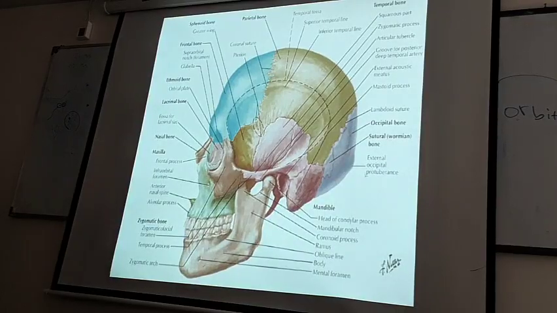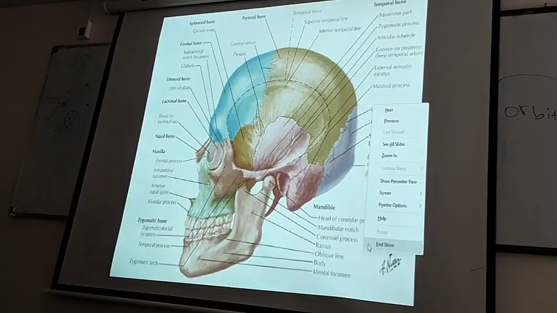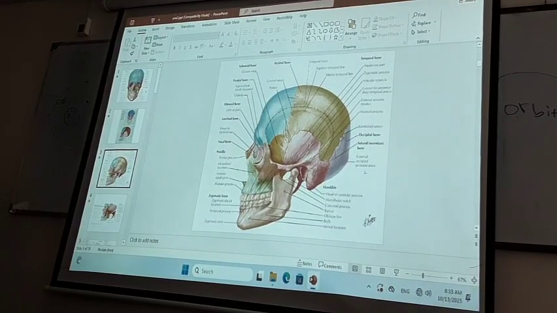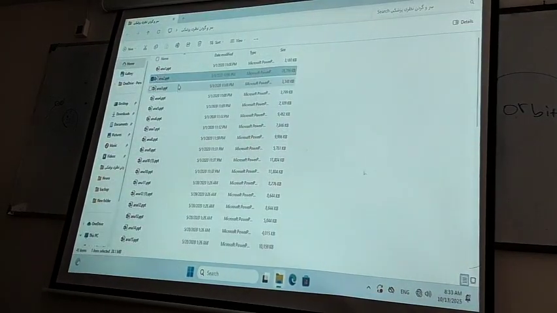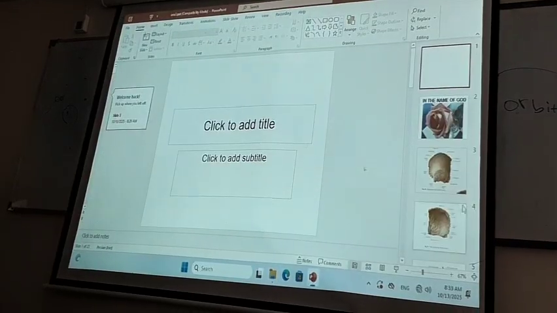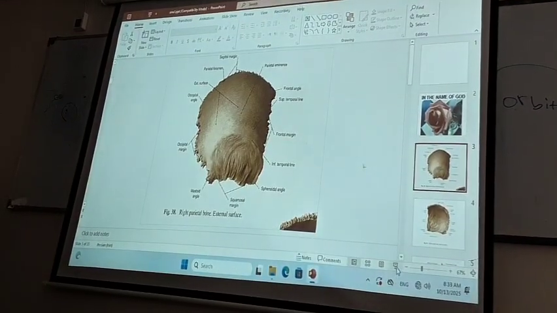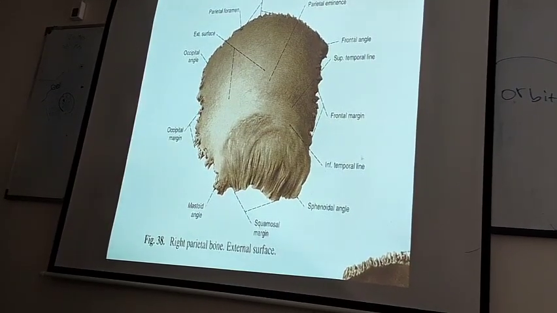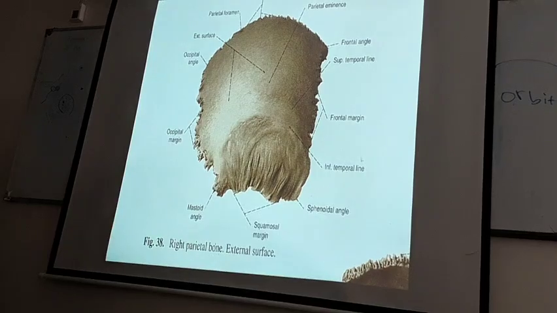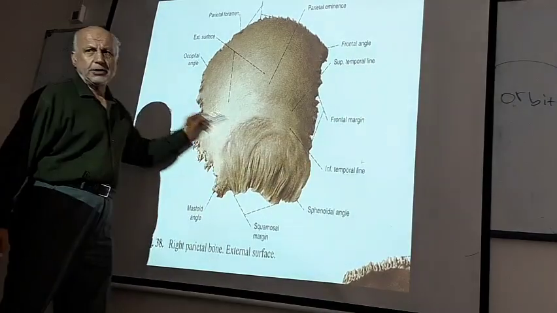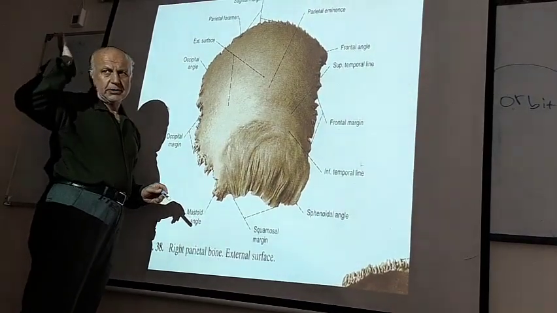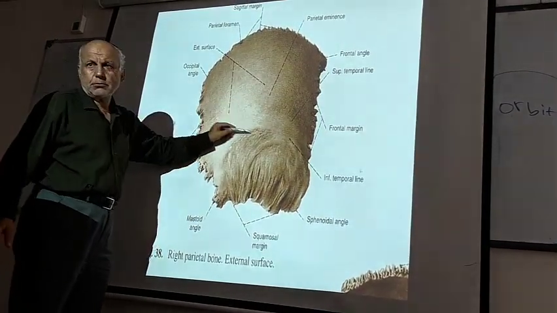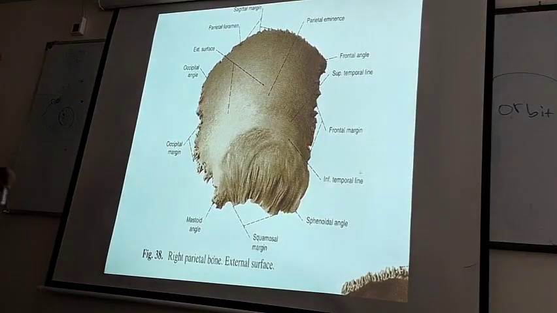Now we can see another shape that shows us the parietal separated from the cranium. You can see in another shape here, it is the parietal bone from the lateral view. It is the external surface. Here is anterior, here is posterior. Here is the parietal tuber. You can see here two lines.